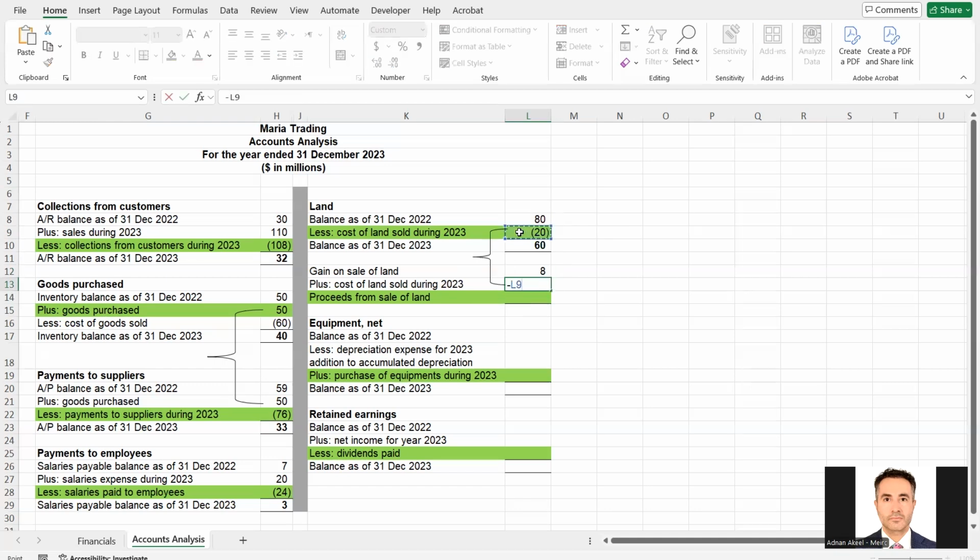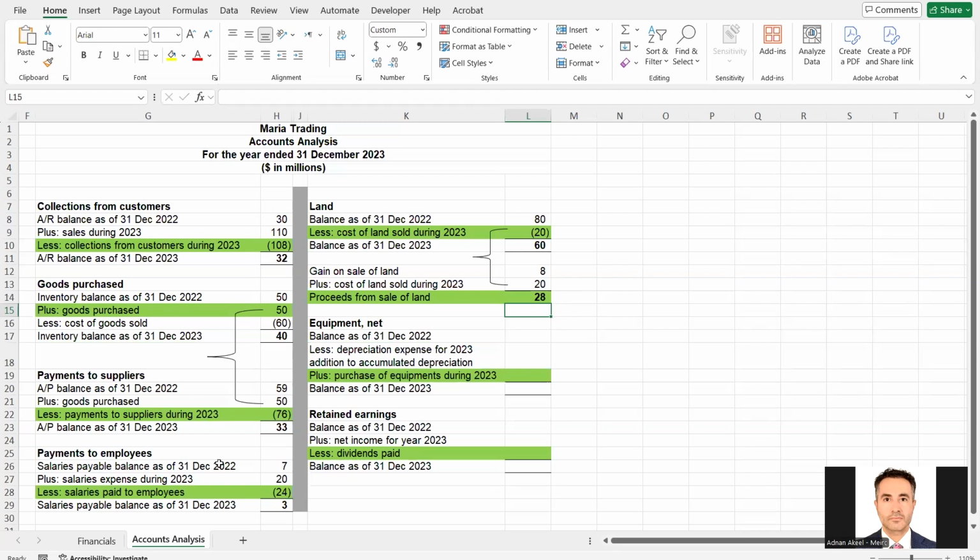All right, so now the simple logic: when I'm selling land that has a cost of 20, I have achieved a gain or a profit of 8. So how much did I sell it for? Simply, it is the sum of the profit plus the cost of the asset sold, that is 28. This is the logic of how we calculate proceeds from sale of land, meaning the cash received from selling these lands.